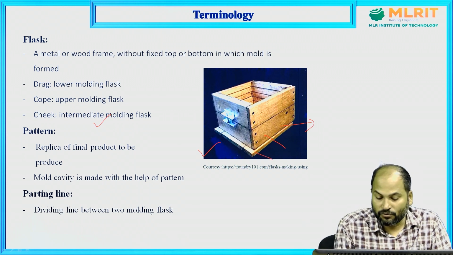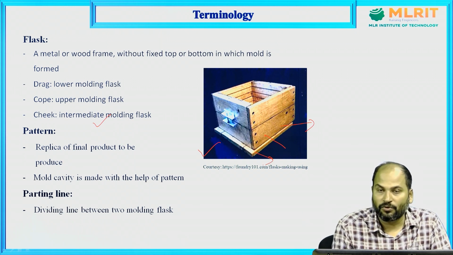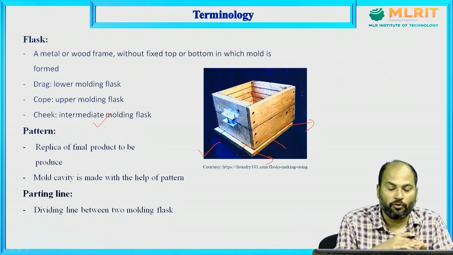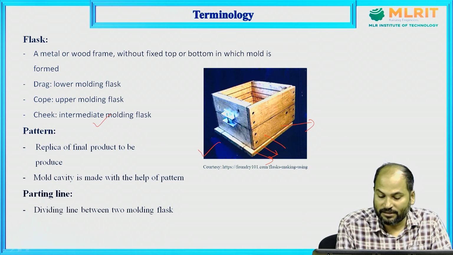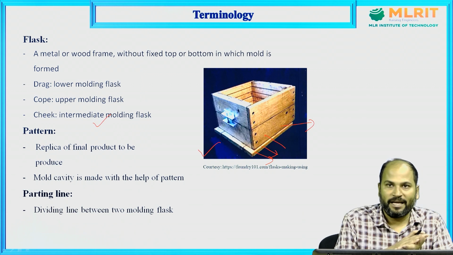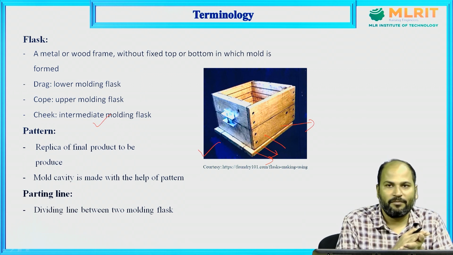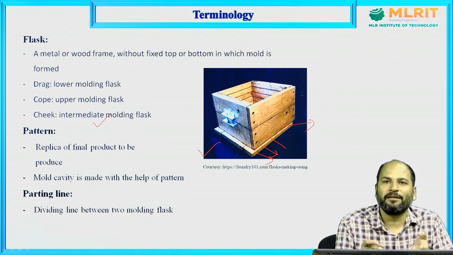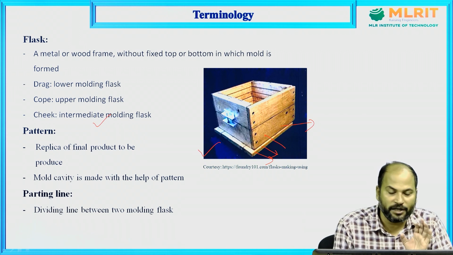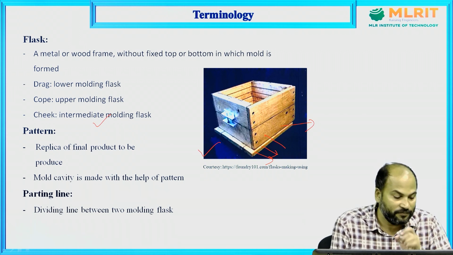Whatever we use to support from the bottom is known as the bottom board. Here it is also made up of wood. As I told, it may be of metal, wood, or any material depending upon the application or the material that we are going to cast.